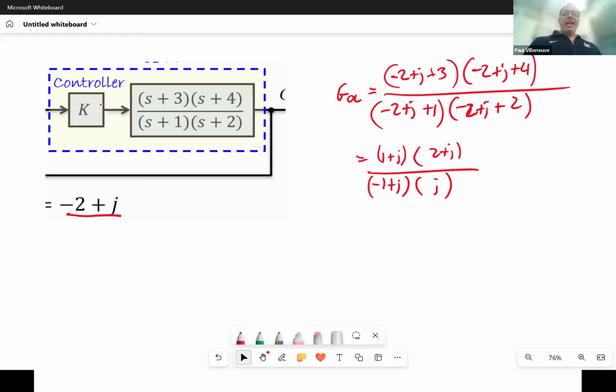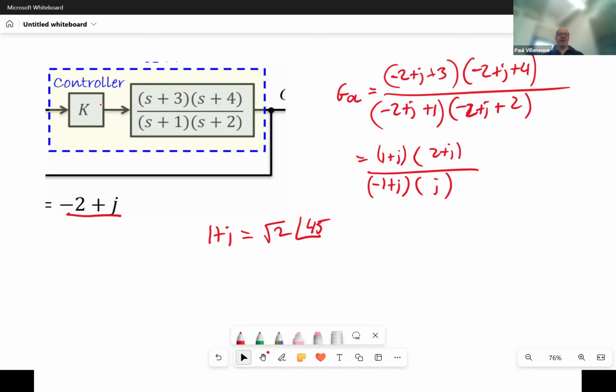So I want to find the magnitude and the angle of 1 plus j, right? So 1 plus j, what's the magnitude and the angle of that? You can do that in your heads. What is it? Square root of 2, that's the magnitude. What's the angle? If the real part and the imaginary part are the same, 45 degrees, yeah, right?